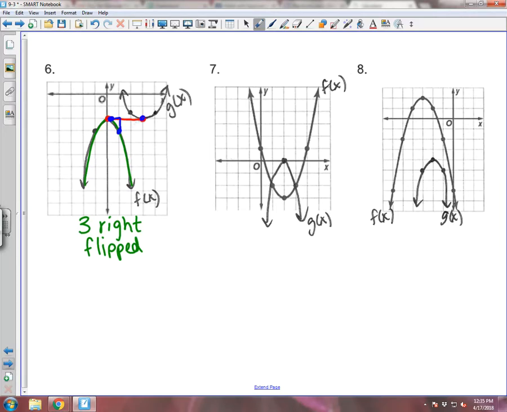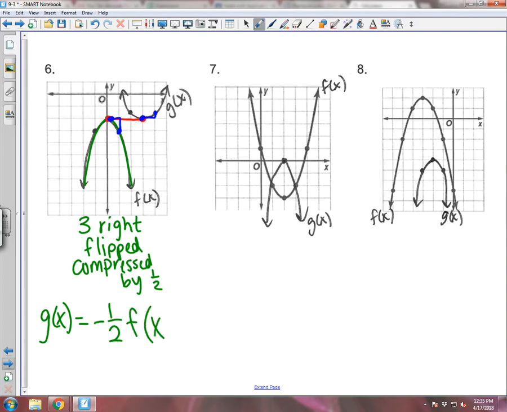In g of x, it looks like over 1, up a half. So this has now been compressed by a half. So let's get all this in my function now. G of x equals, well, the first thing I have to do is compress it and flip it. And then if I'm going to move it to the right, I have to put a minus 3 inside those parentheses.